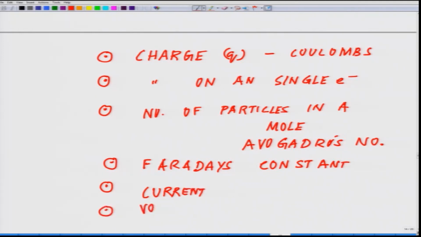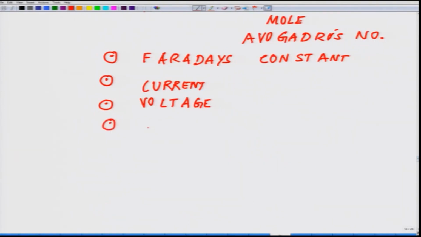Next, the voltage. So, you are slowly moving along, if you realize it. Then we talked about the work done, the relationship between work, voltage and charge.